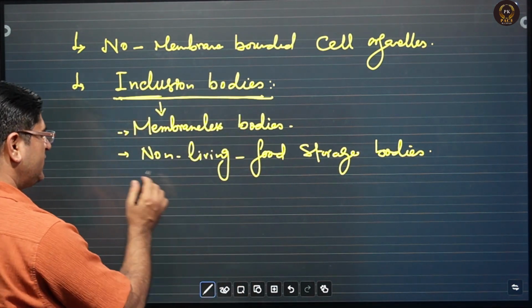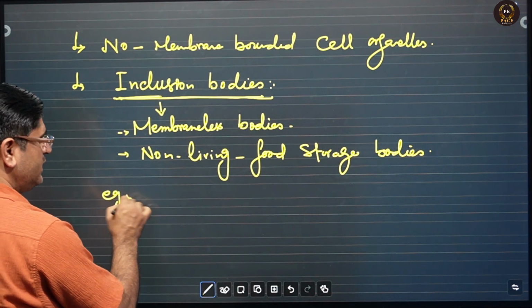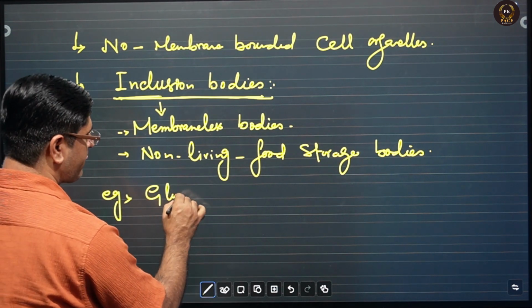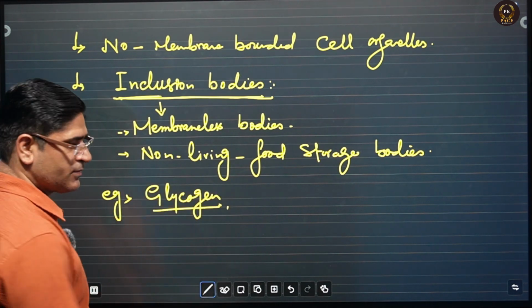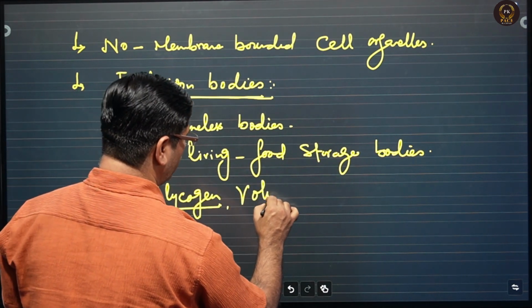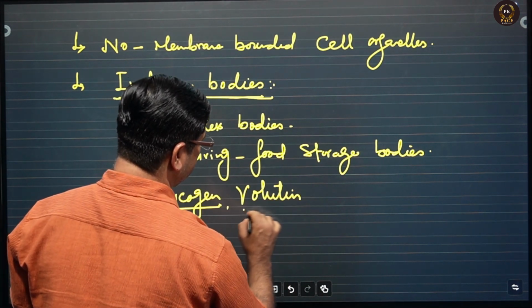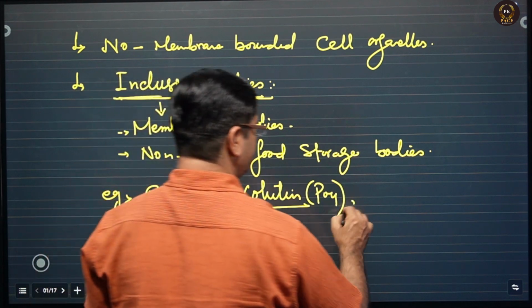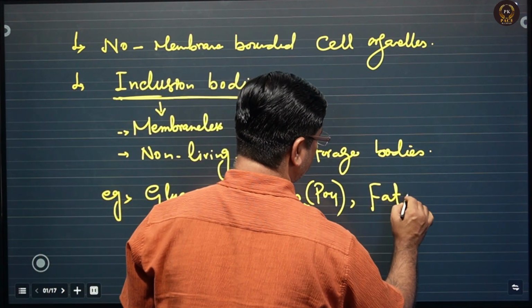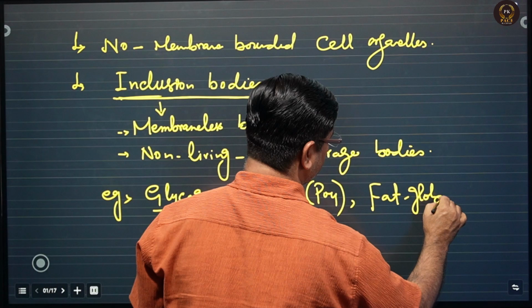There are different types of inclusion bodies. Bacteria store the food in the form of glycogen, in the form of volutin granules, that is the phosphate granules, and in the form of fat globules.